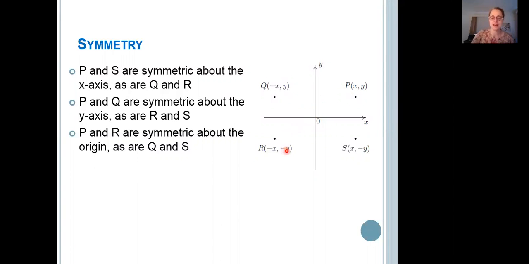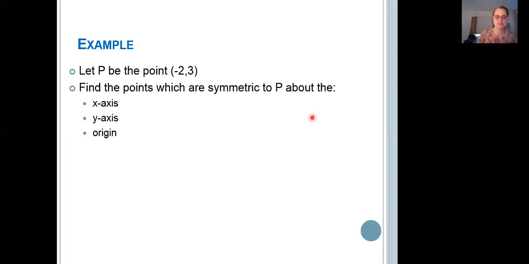And R and S are symmetrical about the y-axis. P and R, this one and this one, are symmetrical across the origin. See how the origin is centered between these 2 points? And Q and S are symmetrical about the origin. Okay.